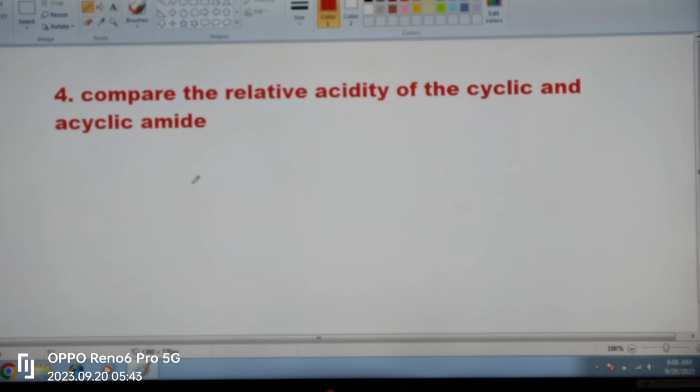So I am taking the simplest amide, acetamide, CH3, C double bonded O, NH2. This is the most simple amide, the amide of acetic acid.